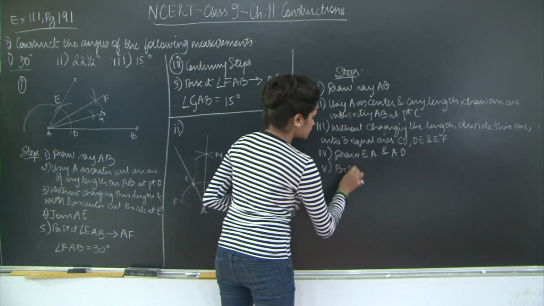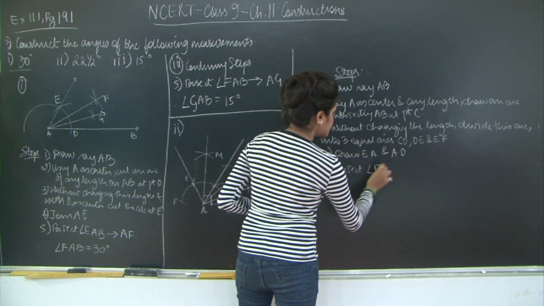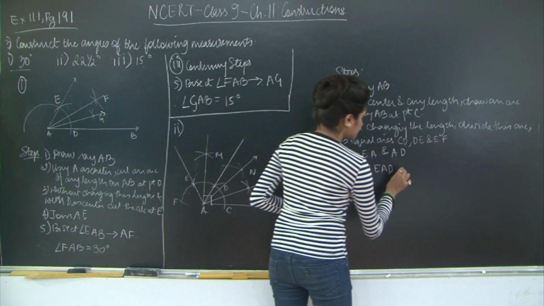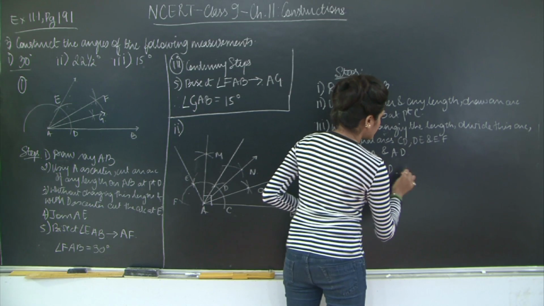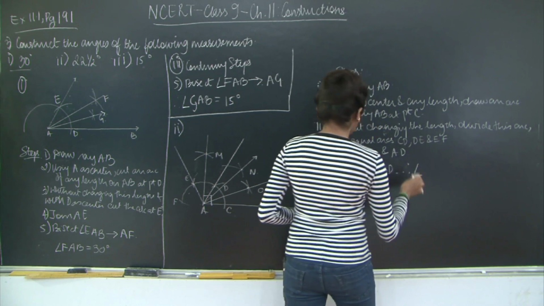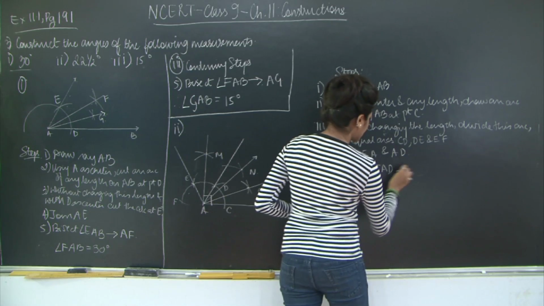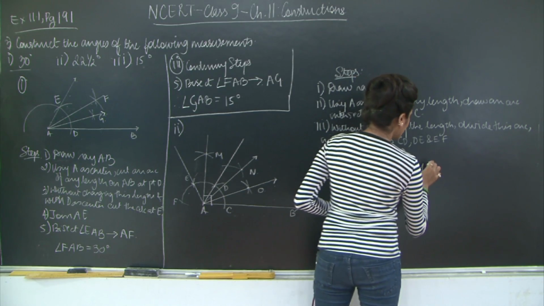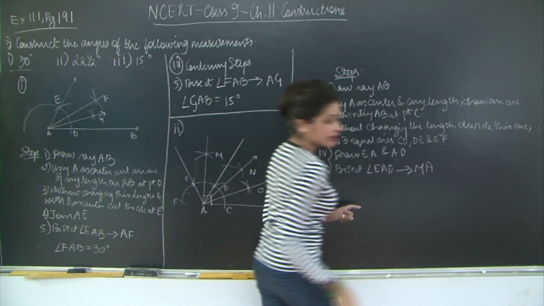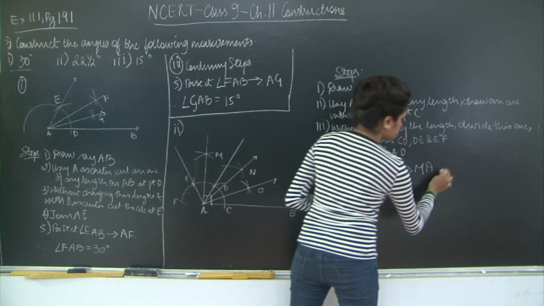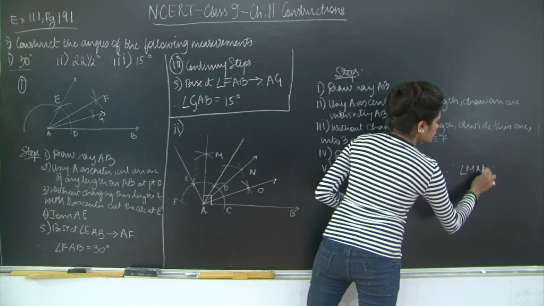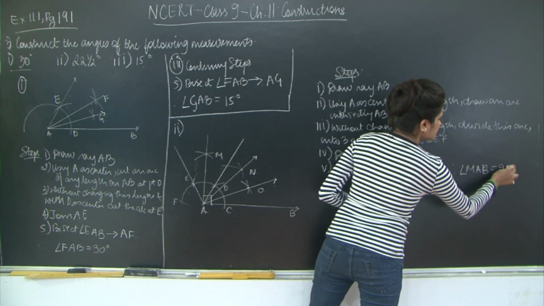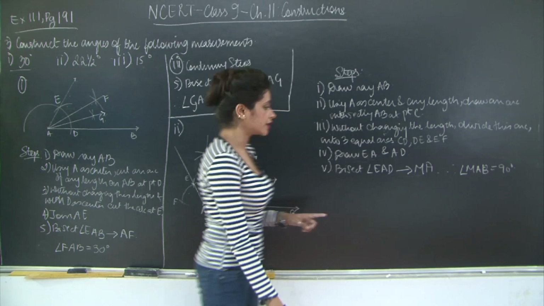Bisect angle EAD, and let the bisector be MA. Therefore angle MAB is equal to 90 degrees. We have seen this construction earlier.